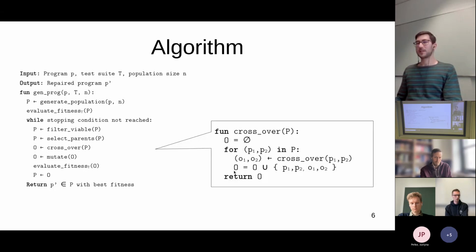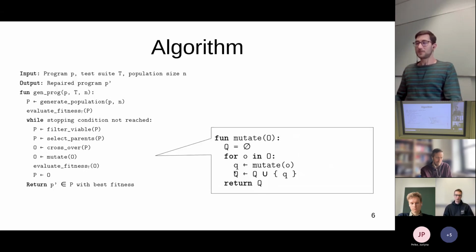That's also what the original GenProg version does. And I think there's a discussion to be had if it makes sense to do it this way. I'm not sure of the implications of that, but maybe you can provide some thoughts on that later. Okay.